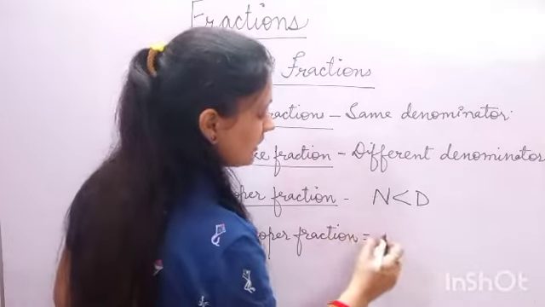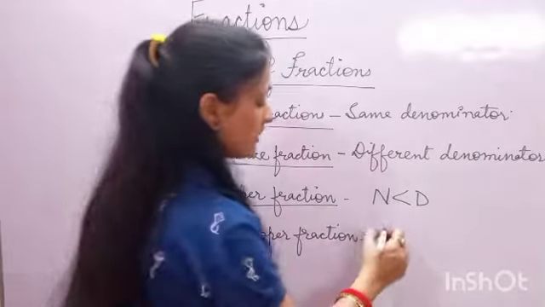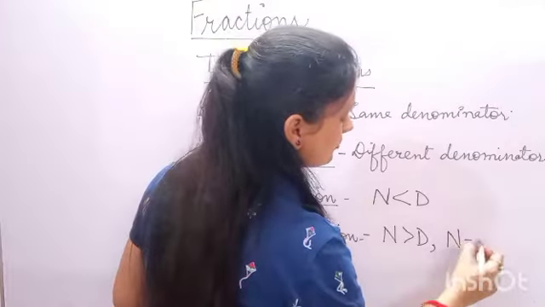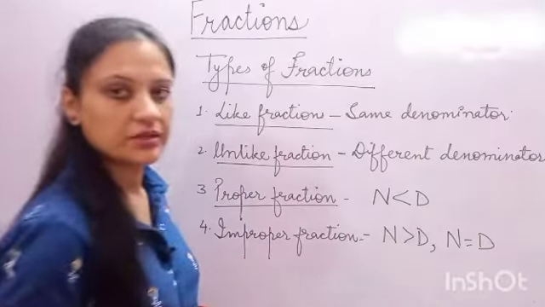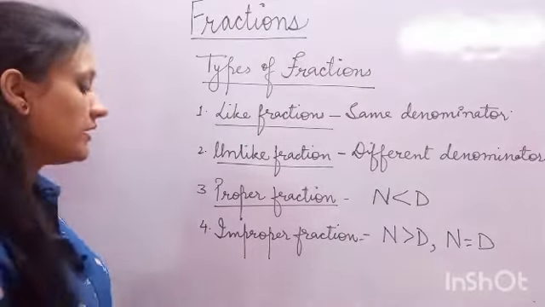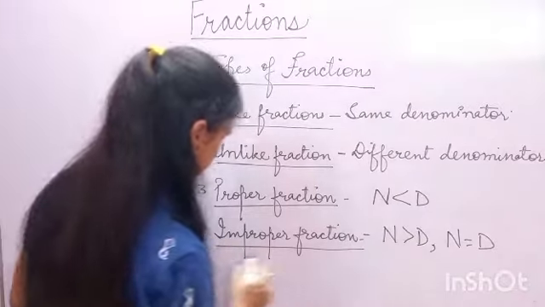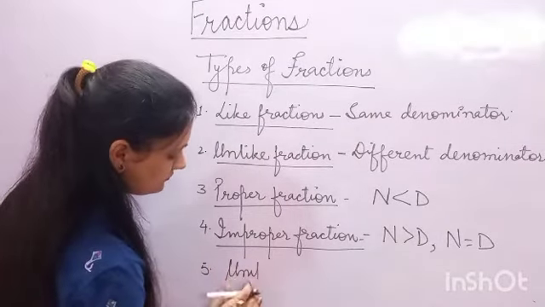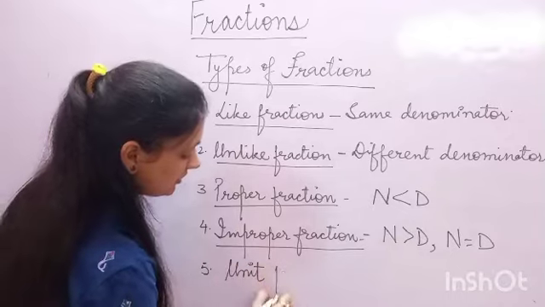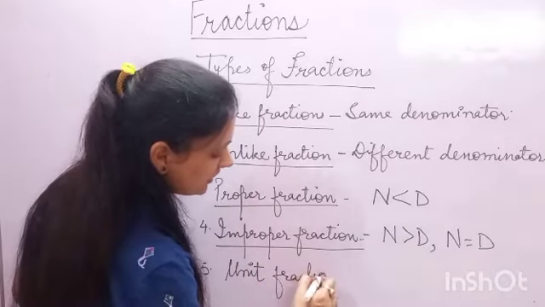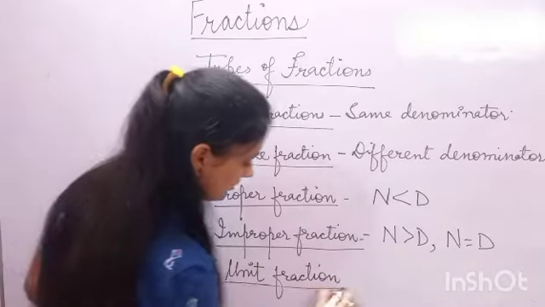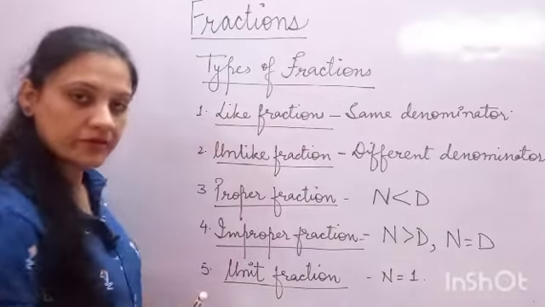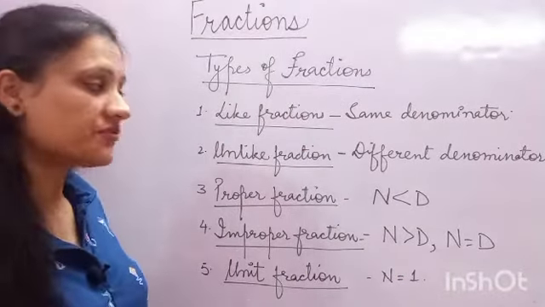Improper fraction is one in which the numerator is greater than the denominator or the numerator is equal to the denominator. Is this clear everybody? Next is unit fraction. Unit fraction is one in which the numerator is 1. Okay.